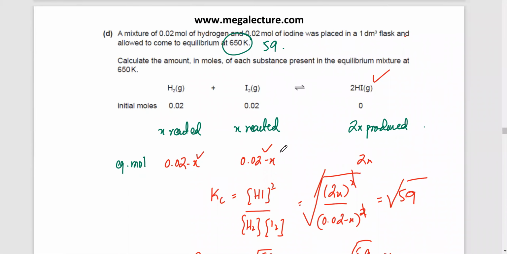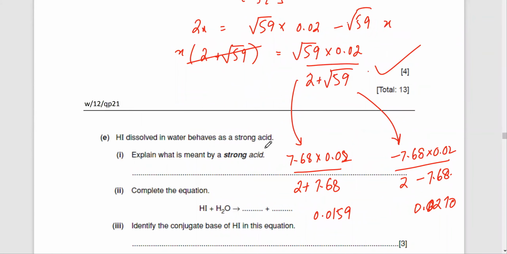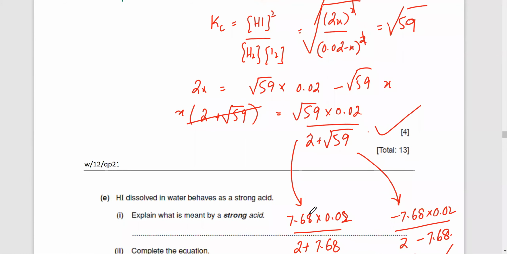0.0270 is not going to work, because if you put 0.0270 over here, this value over here is going to come out to be negative. You can't have negative moles. So that means this one is the incorrect value. This is the value that you're going to use, which is 0.0159. That's the value that has to be used.